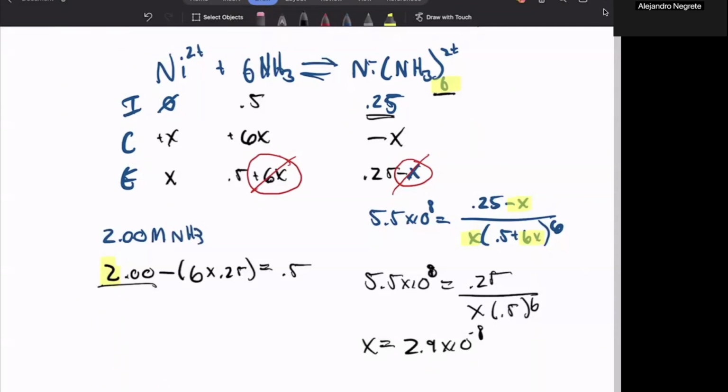So once we know what that value is, then we can start putting in all the rest of these values here. So concentration of nickel, equilibrium concentration of ammonia, and concentration of our nickel ammonia complex, which has a 6 coordination.